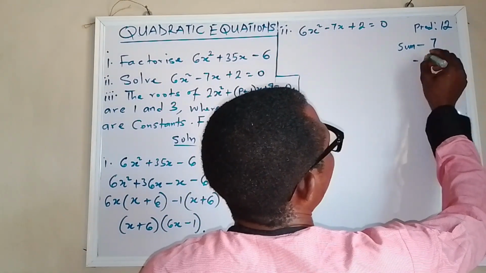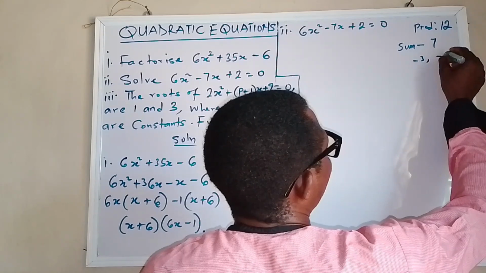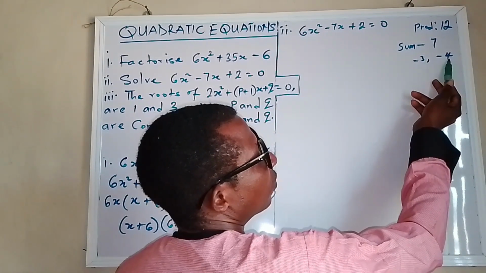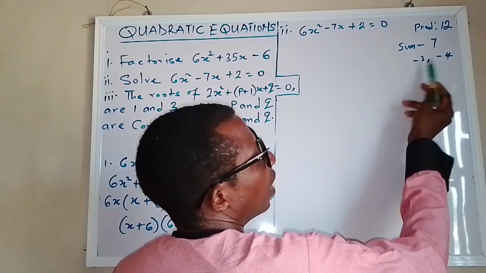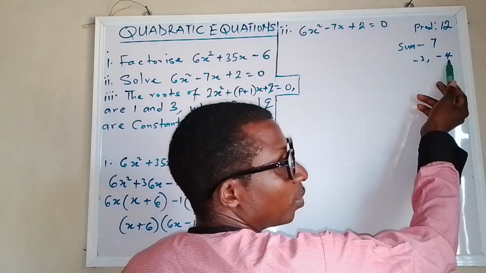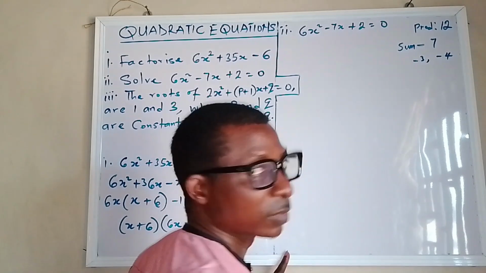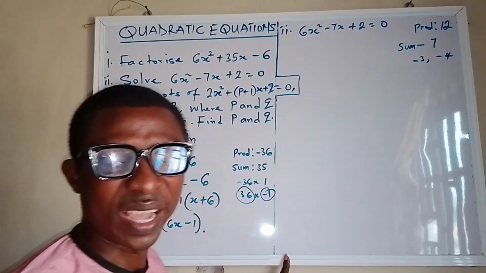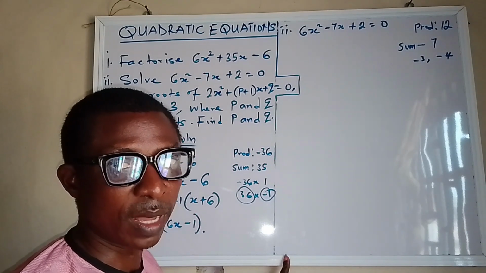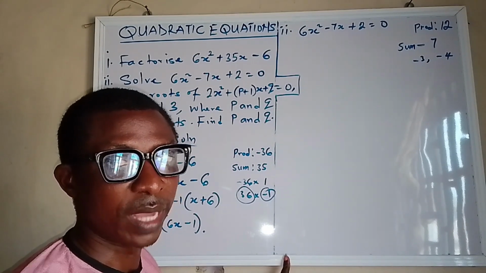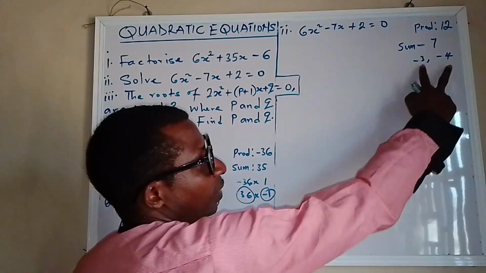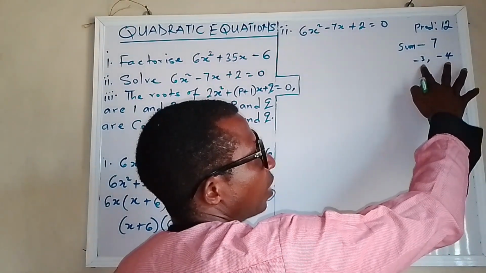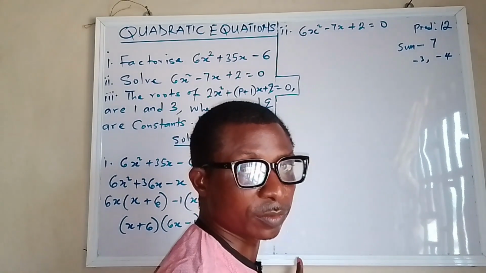They are minus 3 and minus 4, because I know 3 times 4 is 12, and minus 3 times minus 4 is still 12. So I will consider the negatives. When you add this and this together, you have minus 7. So that means the two numbers are minus 3 and minus 4. You multiply the two numbers together, you have plus 12.